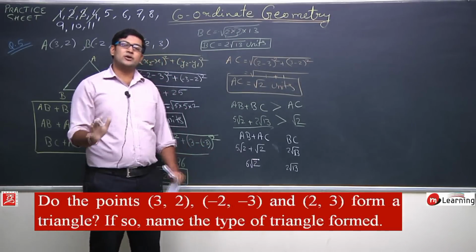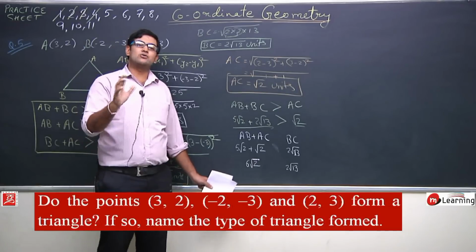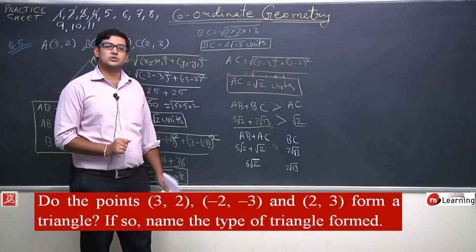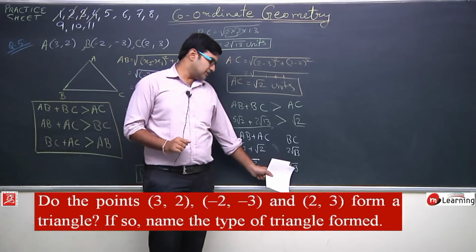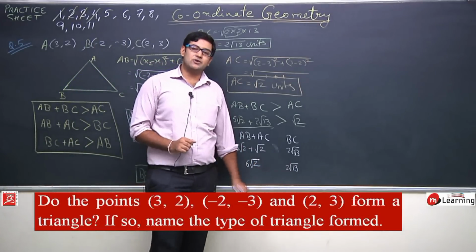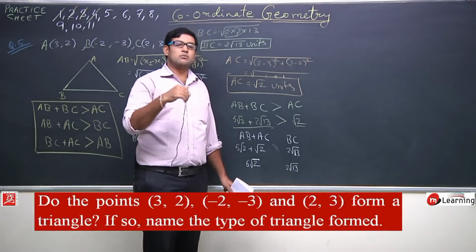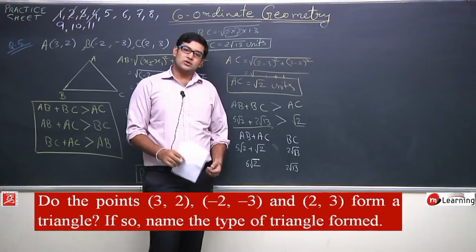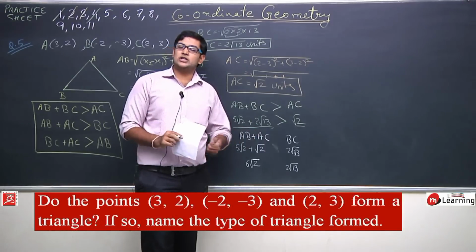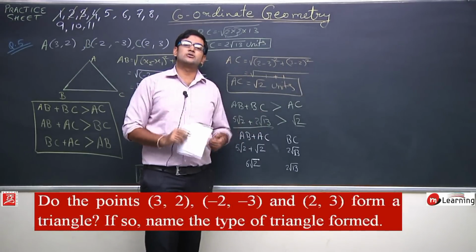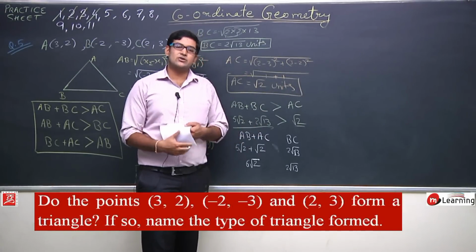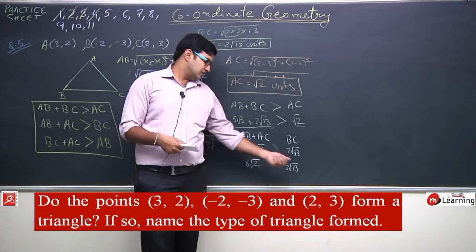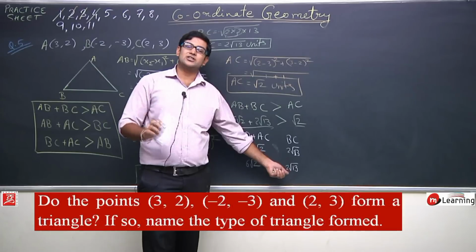So 6 into 1.4 will be approximately around 7. Similarly, this √13, what is √13? √13 is something more than 3 and less than 4. Why? Because √9 is equal to 3 and √16 is equal to 4. So it should be some value between the two. It is something about 3.5 or so.